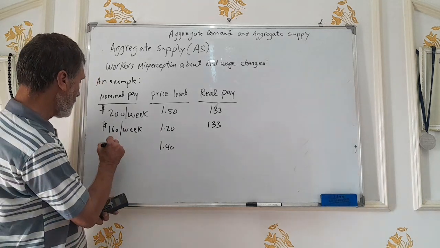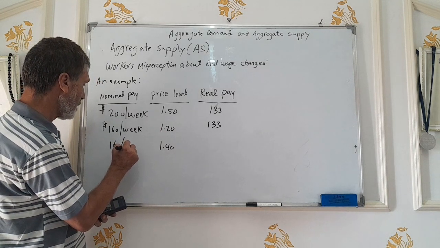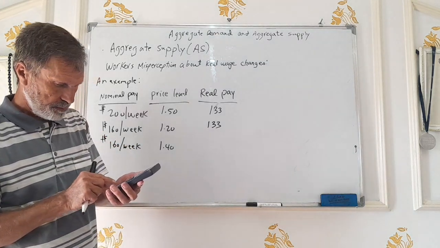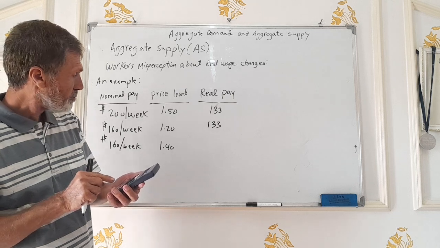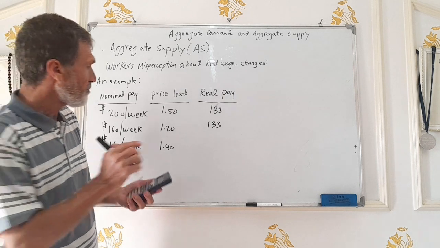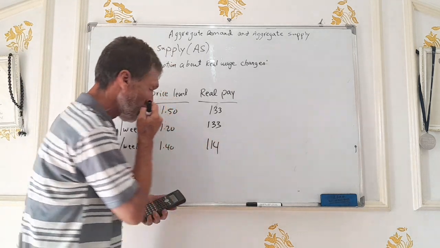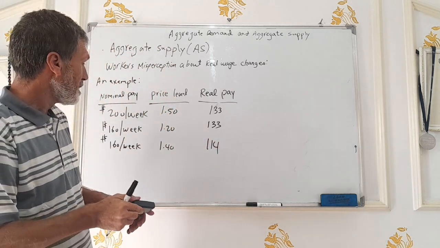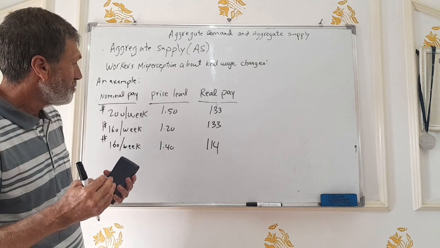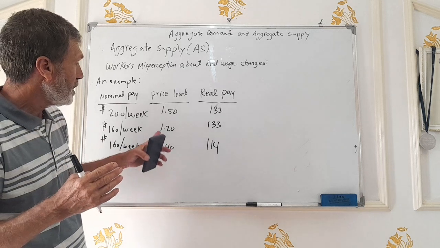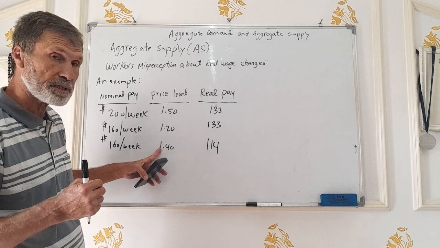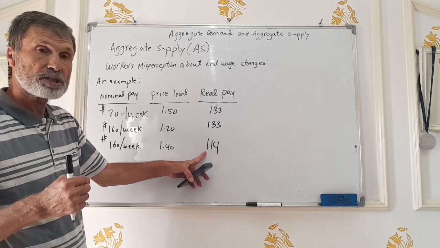So let's see exactly the real wage here. So the real wage over here, $114. So here, as you can see, therefore, workers mistakenly, when they believe that the price level has decreased, but not to 1.20, to 1.40, for instance, then the real wage is much lower.